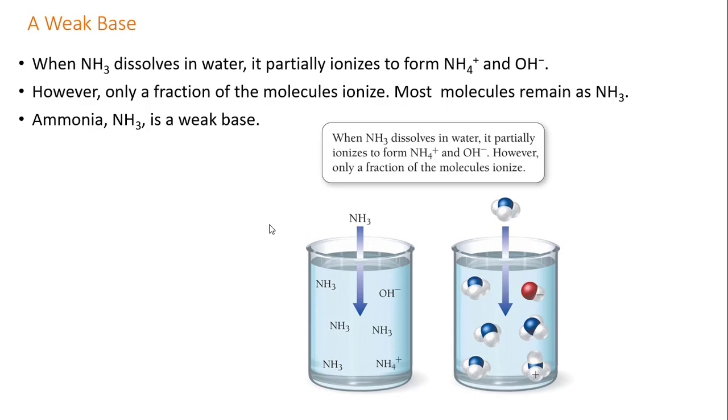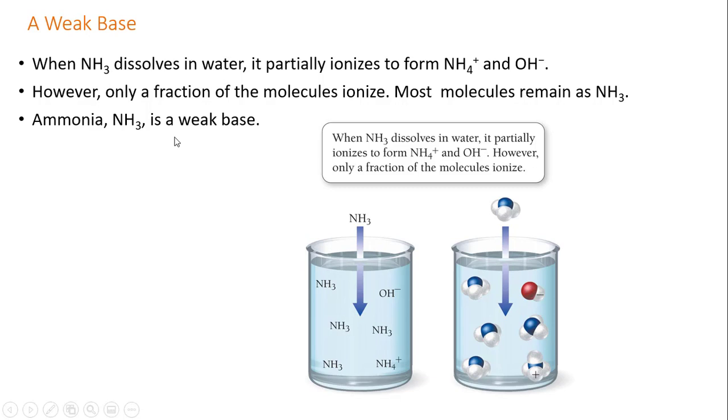So even though ammonia doesn't have hydroxide on it, it produces hydroxide ions from the reaction with water. This is where the Bronsted-Lowry base definition comes in, because it can accept a hydrogen. But remember, with the Arrhenius base definition, it would have to produce hydroxide ions. It does, but not directly from itself.